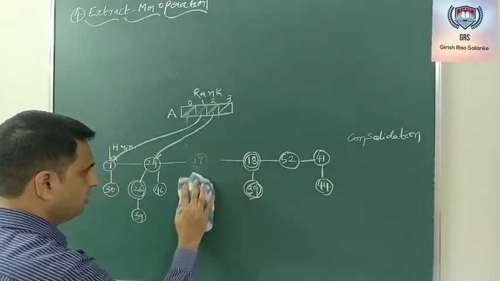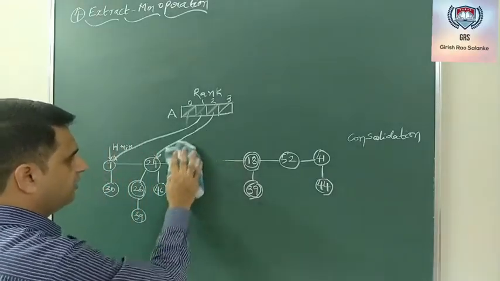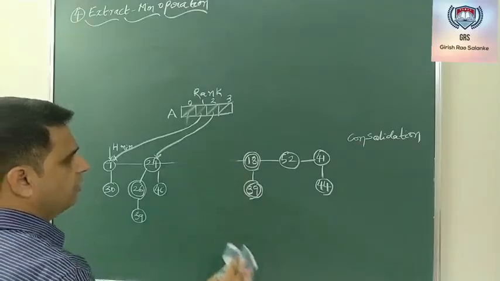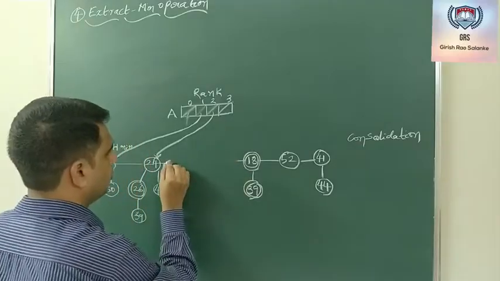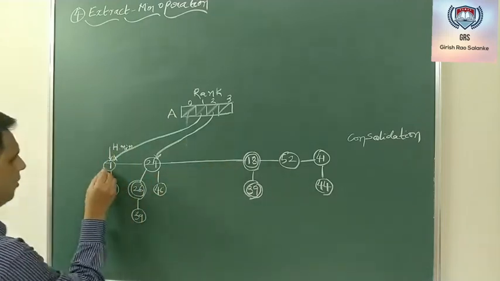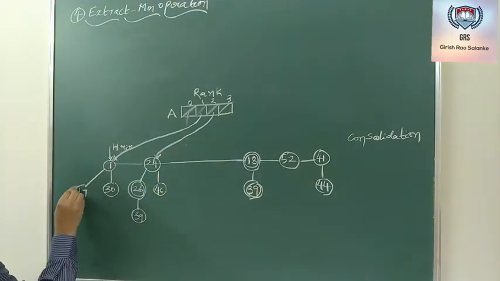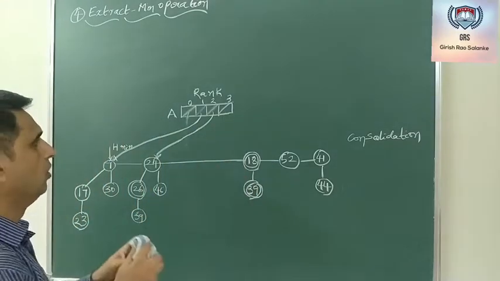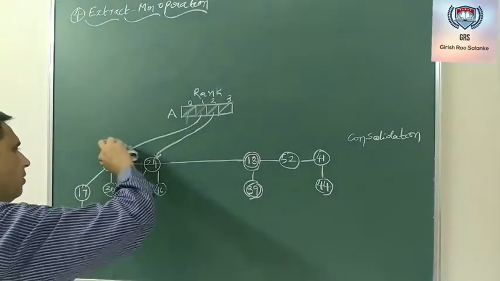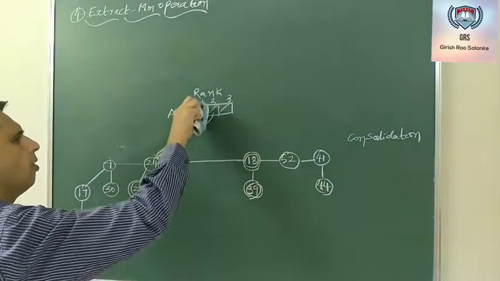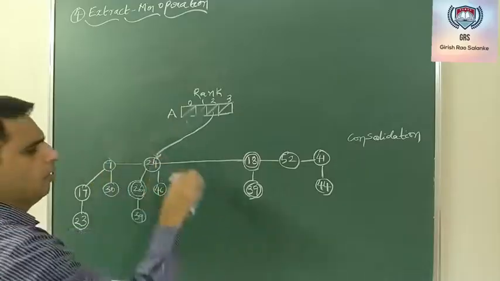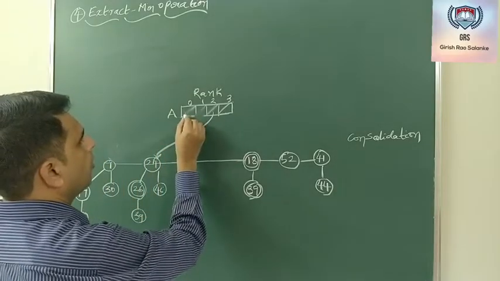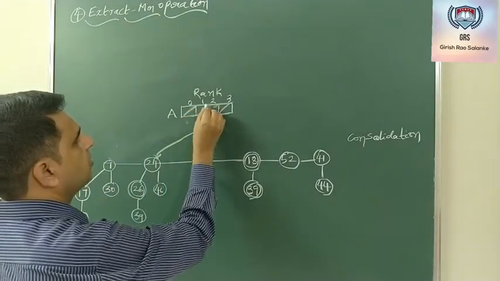So I'll bring this 17, 23 as a child of 7. Now what is the degree of 7? The degree of 7 is 2. But this is nil, this is nil.